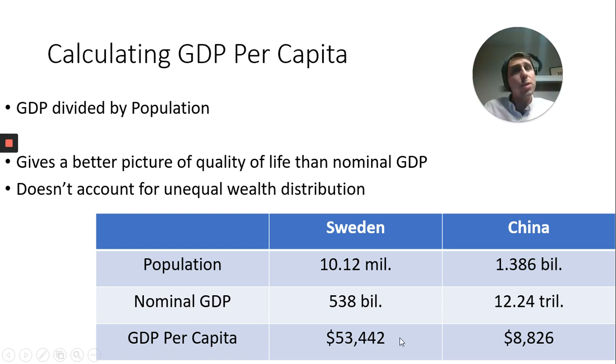Whereas in Sweden, if everything was equally distributed, the average person would be receiving a little over $53,000 per capita, right? So the reason we do this is because it gives us a better understanding of quality of living, in terms of finances, right?